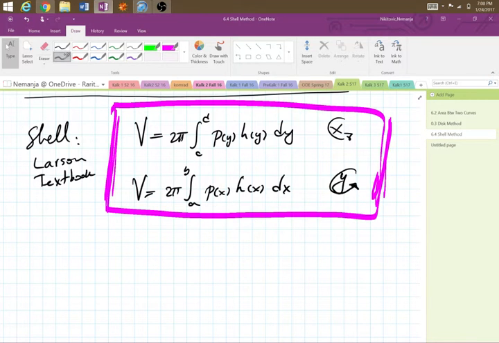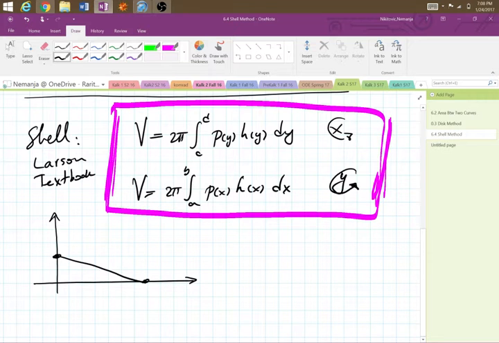The first problem I want to solve is the first problem we solved earlier for the disk method, which is the triangle. So I'm working on the same problem, if I can draw the line. I believe it was 2, 7, right? And we rotated it on the x-axis.